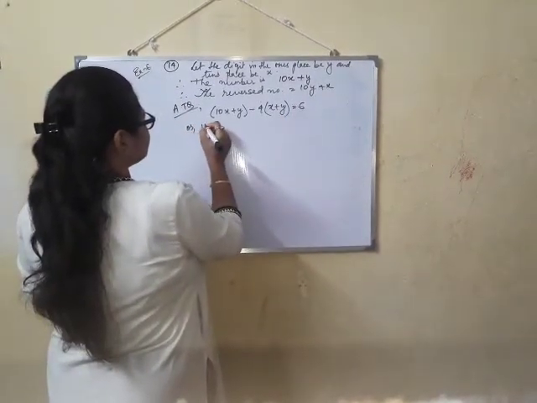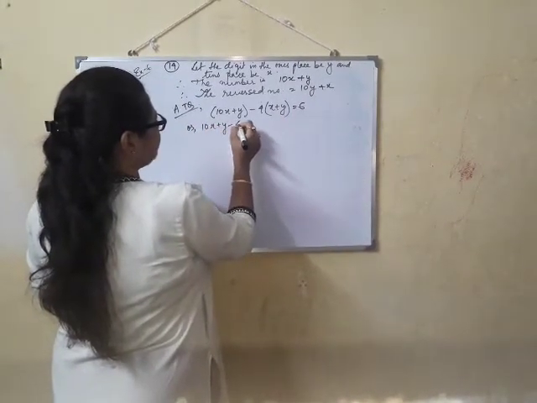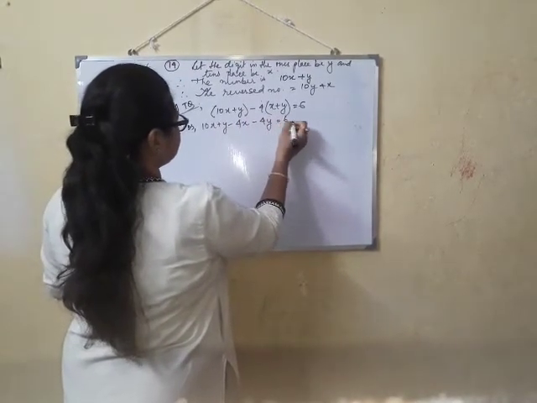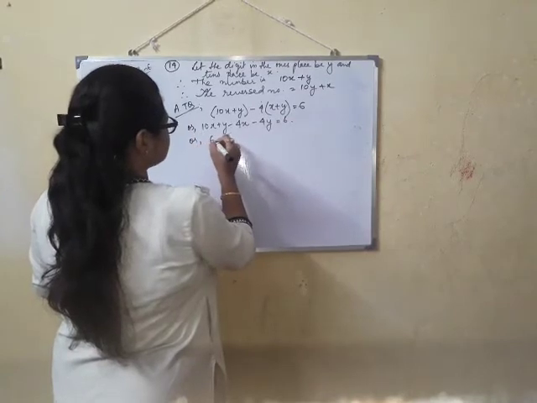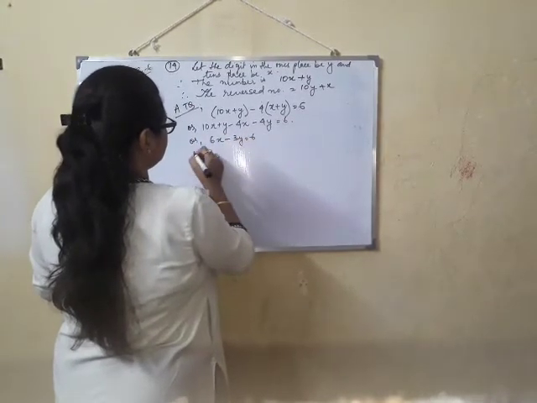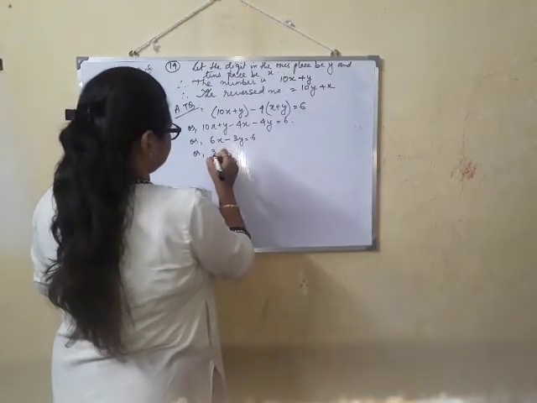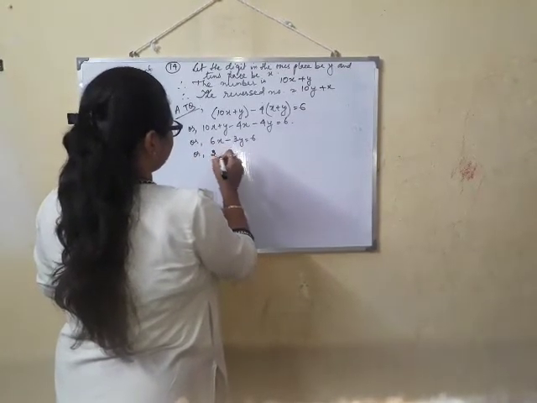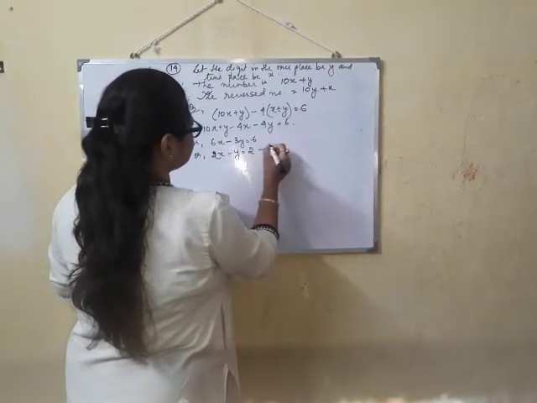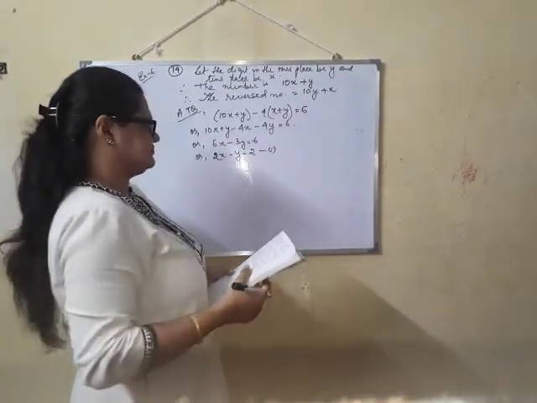So from here we get 10x plus y minus 4x minus 4y is equal to 6, or 6x minus 3y equal to 6, or 2x minus y is equal to 2. This is the first equation that we get. Okay.